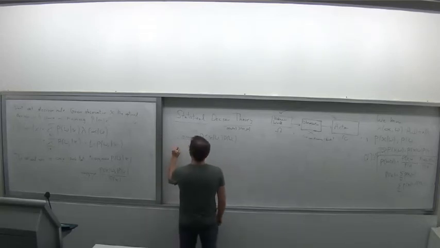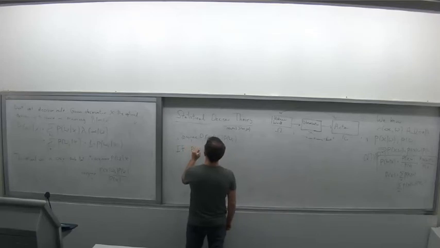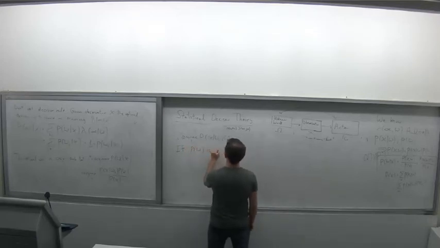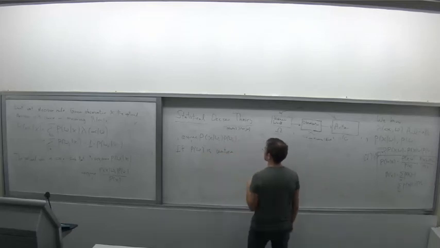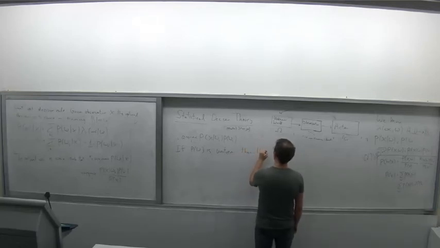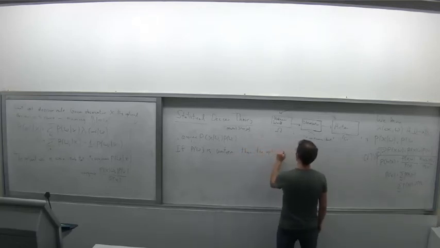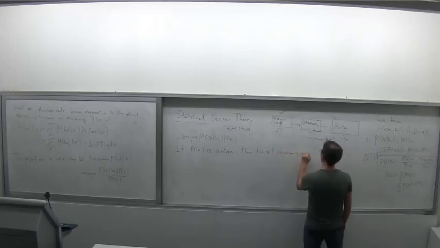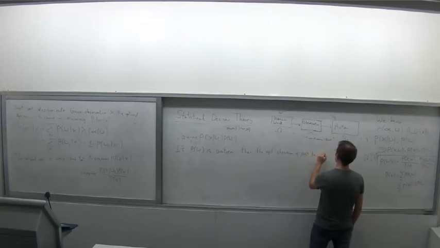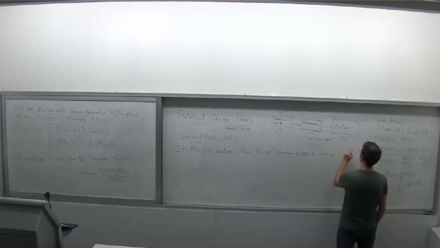So if P of omega is, let's say, uniform, meaning it has the same value for all digits, then the optimal decision is just to maximize P of x given omega i, right?